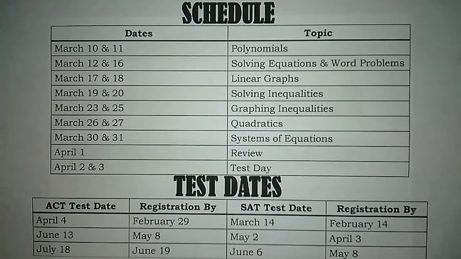And the April 4th one is that first weekend of spring break. So after this test, those of you who have already registered for the ACT for April 4th will take it the very next day. So what we're talking about is very, very important. And just make sure you guys are taking both the ACT and SAT this semester so that your senior year you can focus on the one that you do better on.